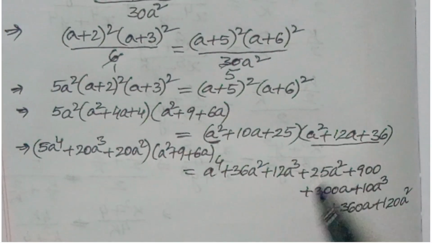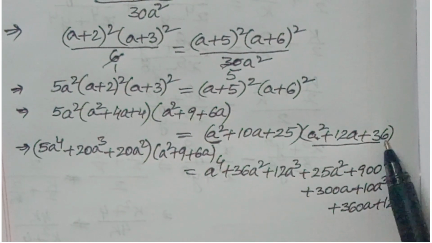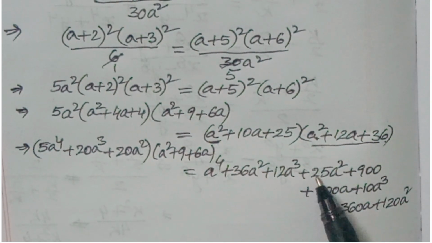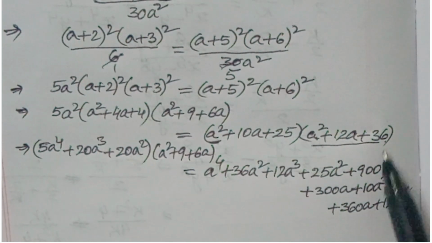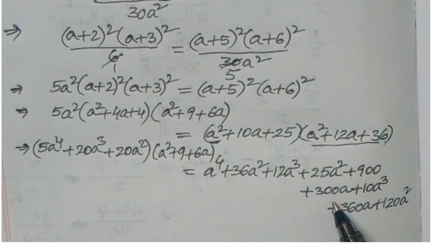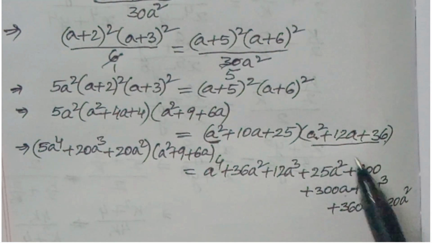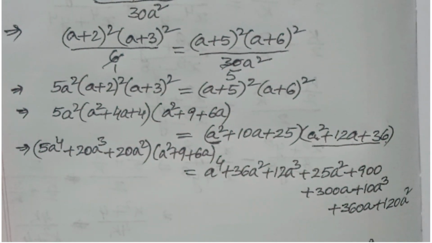If you multiply these two: a to the power of 4, 36a^2, 12a^3, 25a^2, 25 into 36 is 900, here 300a, 25 into 12 is 300a, plus 10a^3 plus 360a plus 120a^2.